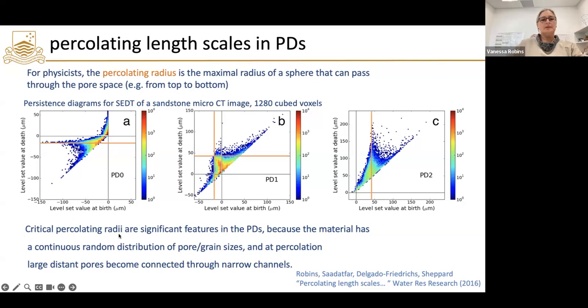And the reason it shows up in these diagrams is because you can think of our pore spaces as having some kind of continuous random distribution of pore sizes or grain sizes in the other phase. And because they're fairly homogeneously randomly distributed through the sample, what happens as we grow that lower level set is that, first of all, nearby pores will connect to each other.